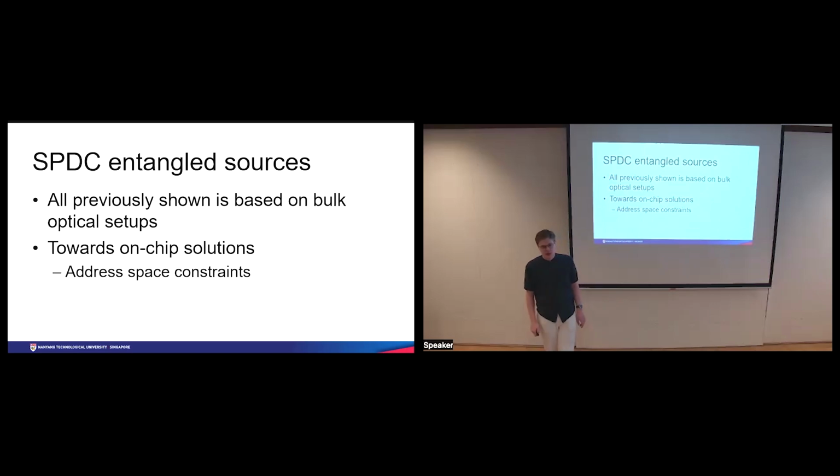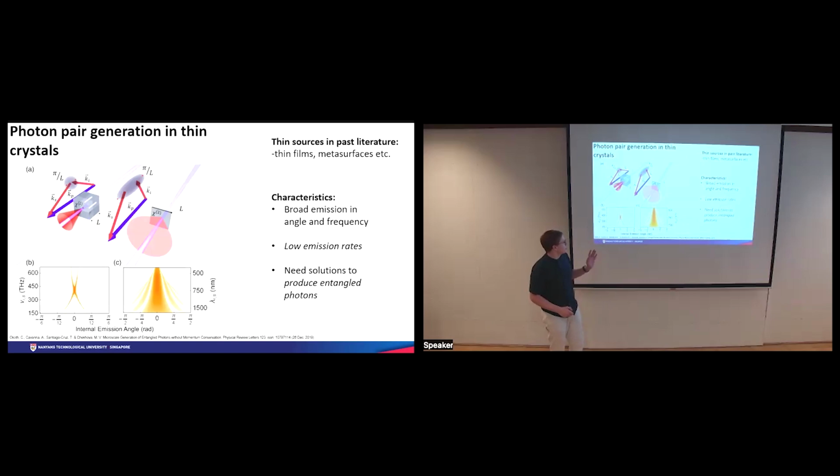If we move on to the photon generation, it can also be generated as in bulk optics with nonlinear down conversion, and some of the characteristics are similar. You would have a high second-order material, but some of the characteristics are also very different.